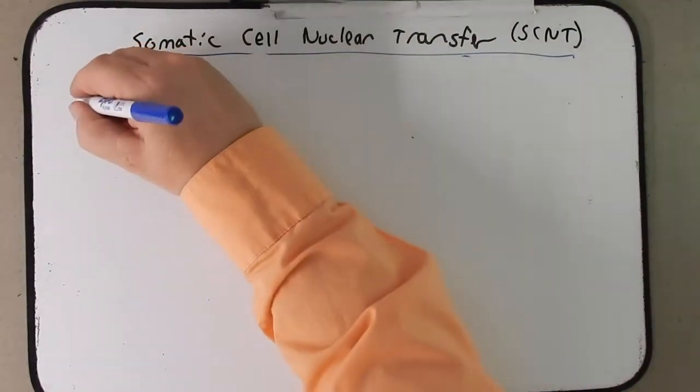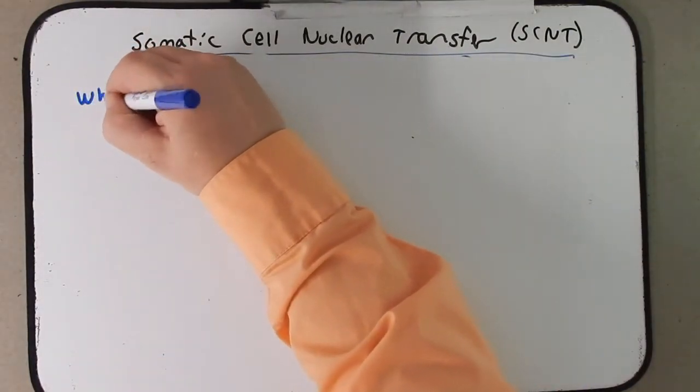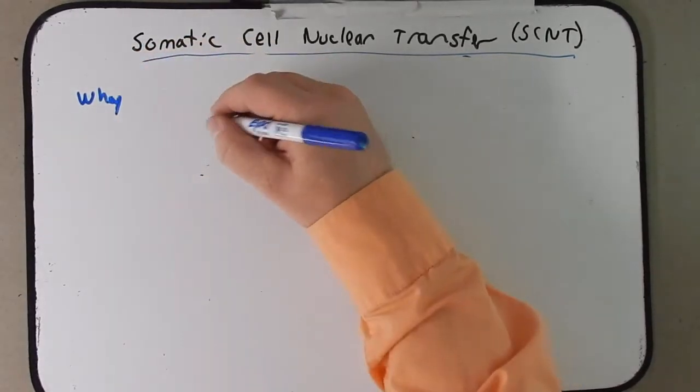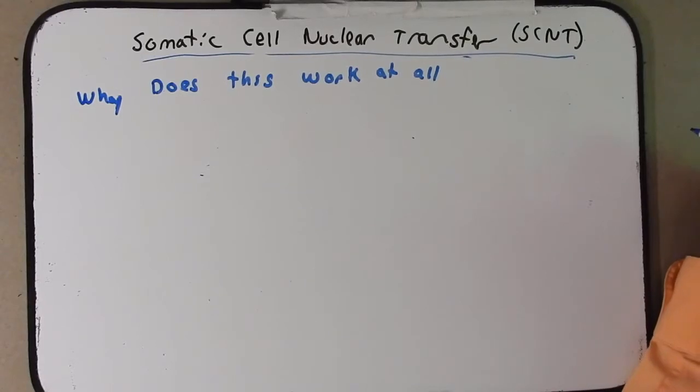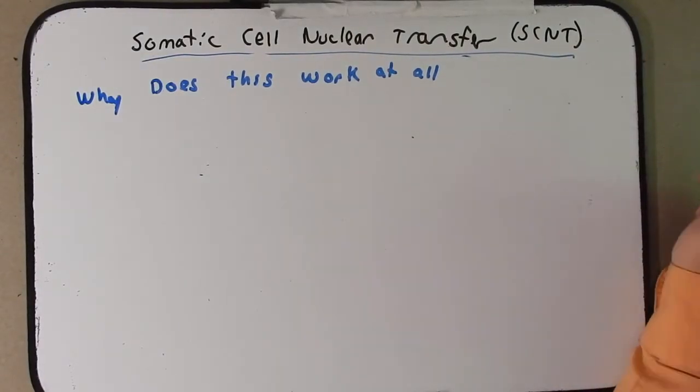So a question that might pop in your mind, and the book proposes too, is why does this work at all? It almost seems shocking that this could actually work. And the reason that it works probably is that this somatic DNA hijacks a system that's already present.